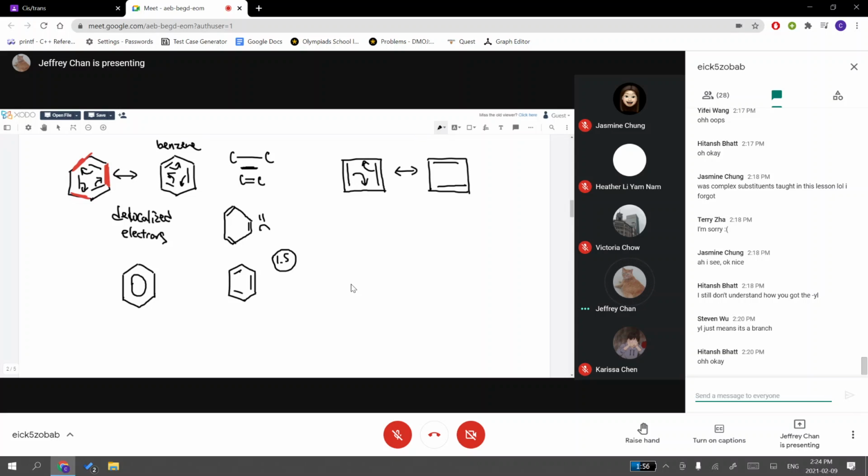And the IUPAC name, the official name, is cyclohexa-1,3,5-triene, right? But nobody uses this name. We always just use benzene because this thing has been around for a long time, and it simply saves us the hassle of saying cyclohexa-1,3,5-triene. That's what aromatic compounds are.